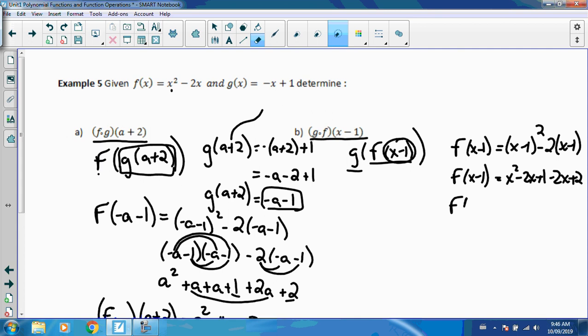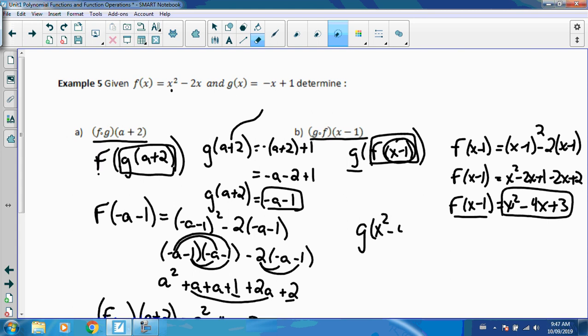So this is really an x squared minus 4x plus 3. So hopefully you got that. And then this, because that is the f of x minus 1, means I'm going to put that in for g, right? It's replacing this. So what is the g of x squared minus 4x plus 3?